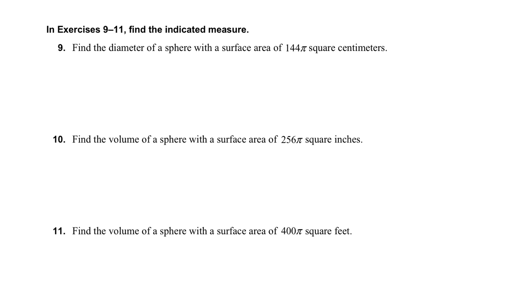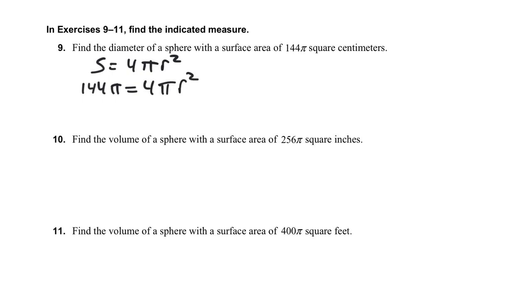All right. 9, it says find the diameter of the sphere with the surface area of 144 square centimeters. So surface area equals 4 pi r squared, and I get 144 pi as my surface area, and then that's 4 pi r squared.